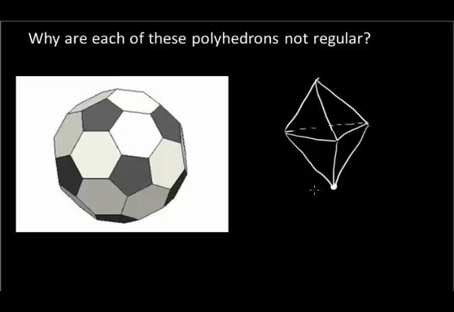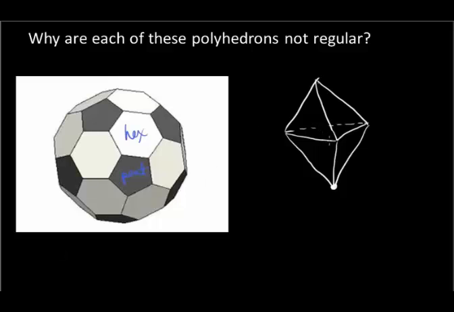Well, what you see on the soccer ball right away is that some of these faces have 6 sides. They are hexagons. This is a hexagon, this is a hexagon, but this is a pentagon. Only 5. So the faces are not identical polygons. Therefore, it is not regular.